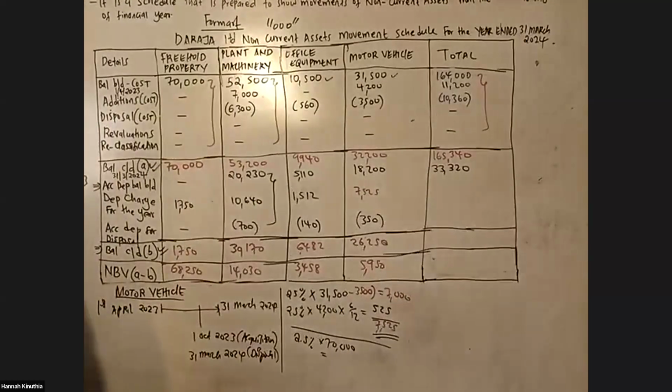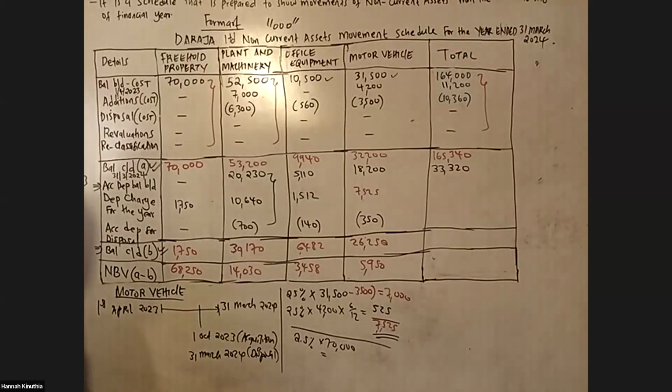Do you agree with her? Yeah, that one can also make sense. Now we have deducted 3,500, why? Because it was disposed in 2024.